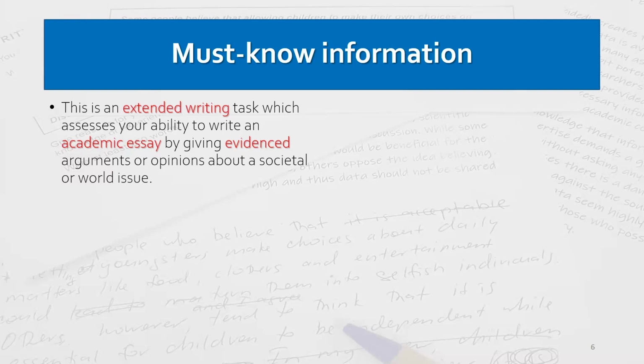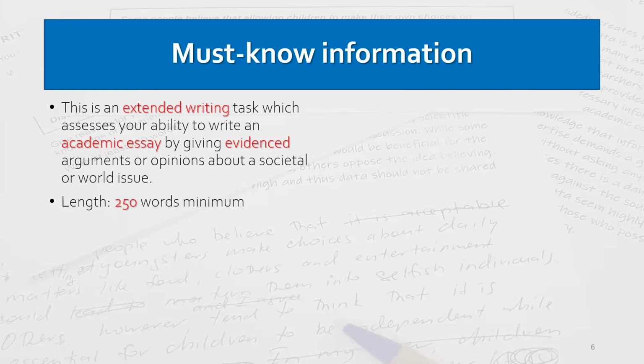In Task 2, you need to produce an academic essay by giving your arguments or opinions about a societal or a world issue. And as said, you have to write about 250 words. Actually, 250 words isn't that long, right?